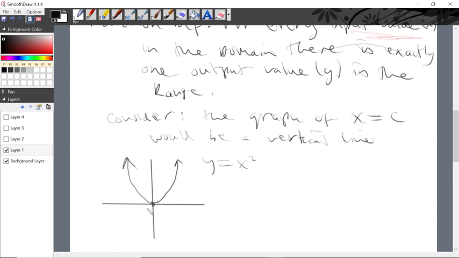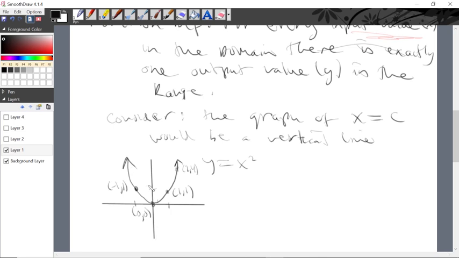It has points on it such as (0, 0), let's say (1, 1), (-1, 1), because negative 1 times negative 1 is 1, and so on and so forth. Then it would have (2, 4) on it, and (-2, 4).